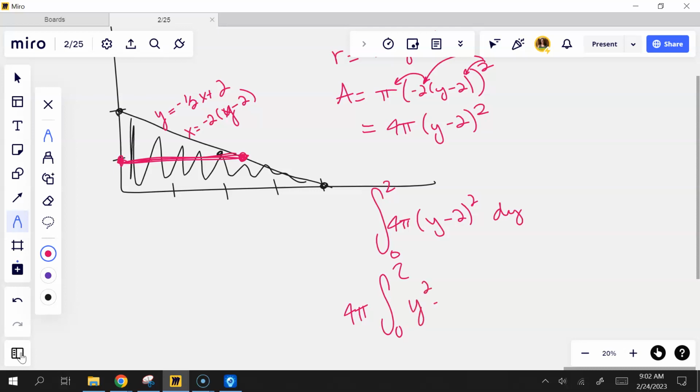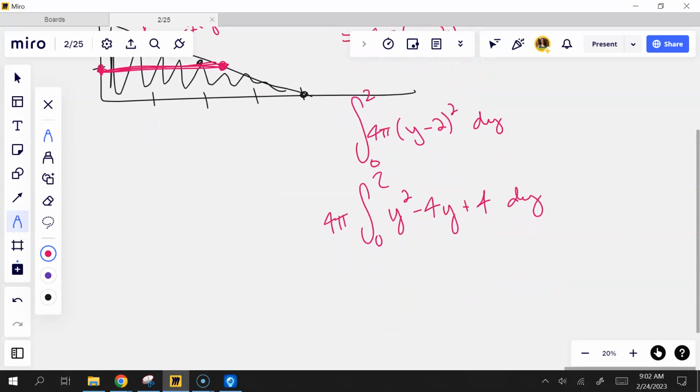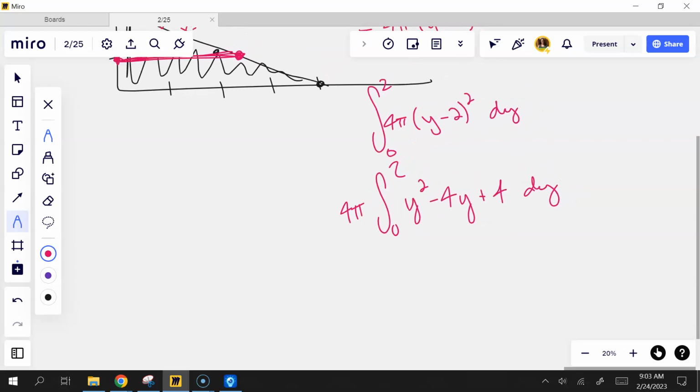I'm going to FOIL this out because I'm a glutton for punishment. Not always, no. So this would be a non-calculator problem because it says leave your answers in terms of pi. Most of these are usually non-calculator on rotations like this.